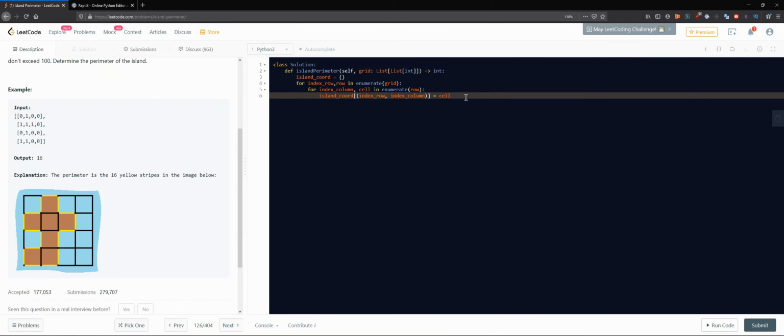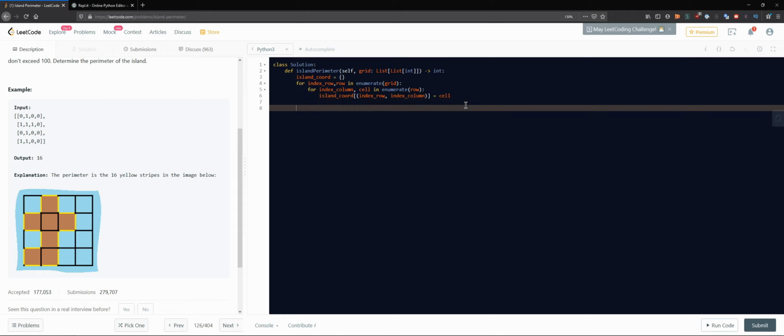And what this data will help us achieve now is that now we can say for land in island coordinates, how is it, values? Actually no, we want key and value.